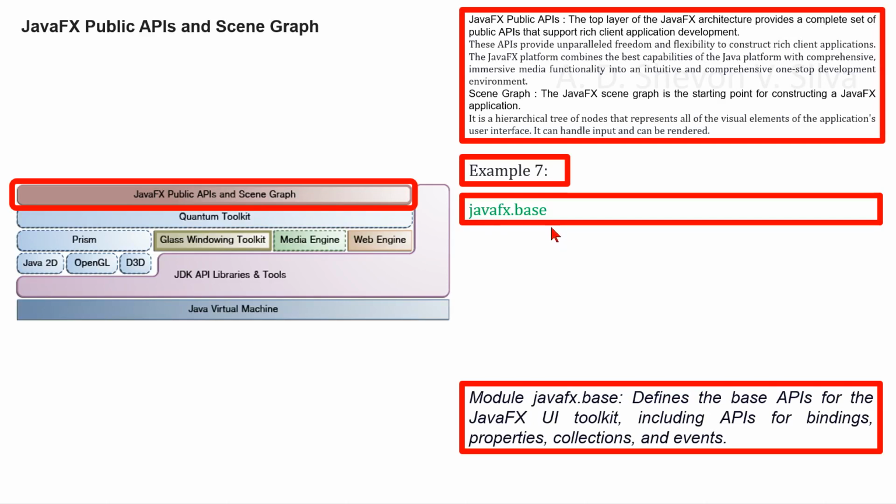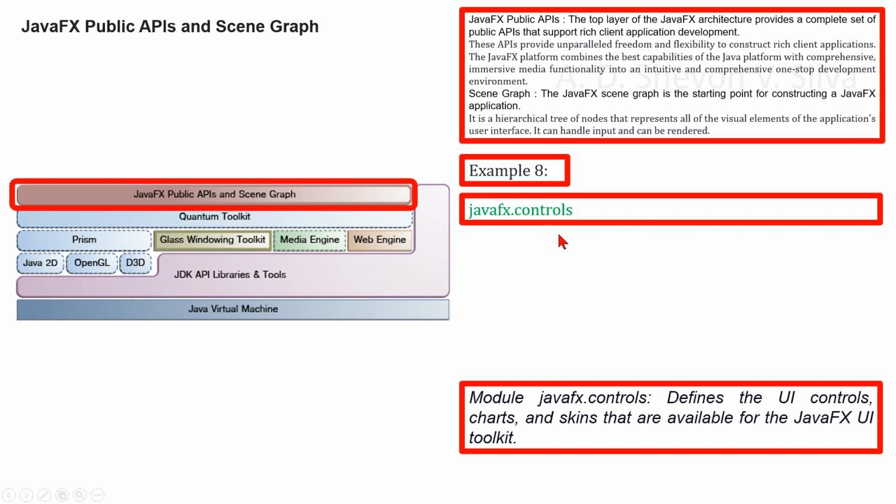Now we are considering module javafx.base. It defines the base API for the JavaFX UI toolkit, including APIs for binding, properties, collections, and events. As an example 8, we are considering module javafx.controls.